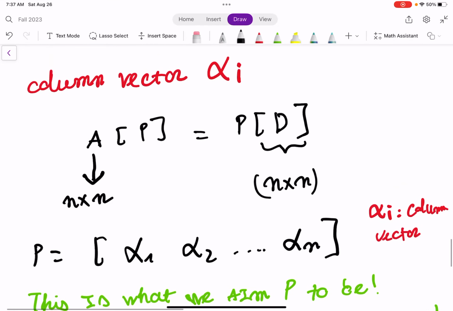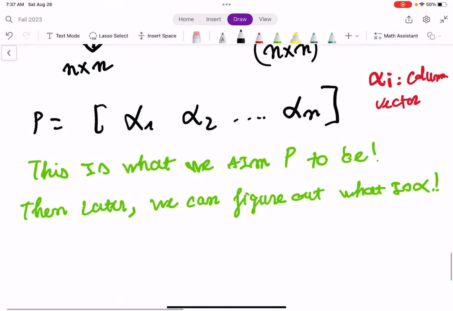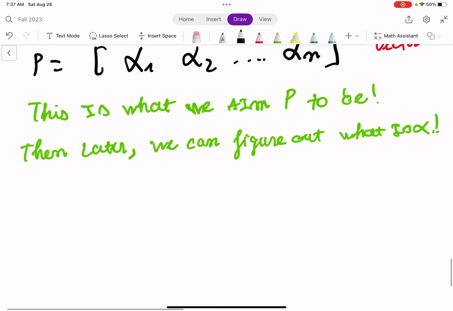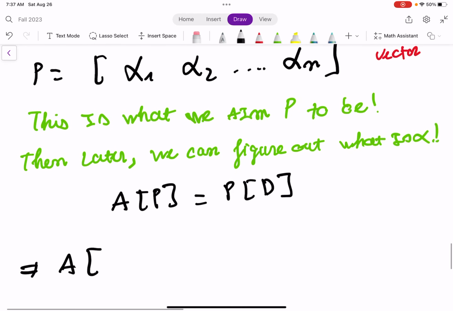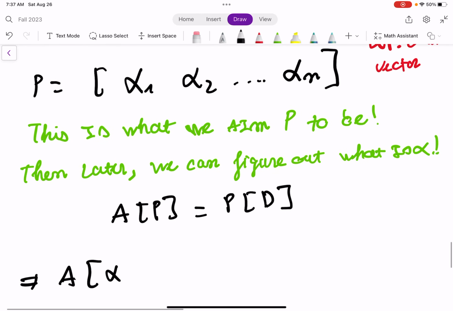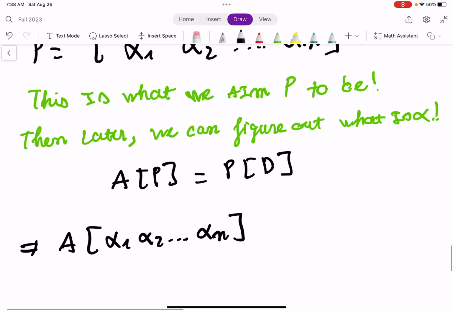Okay, so from this expression right here, AP equal to PD, I can write it like this. So our P is gonna be alpha 1, alpha 2, alpha n, right? Just substituting in our assumption from above.